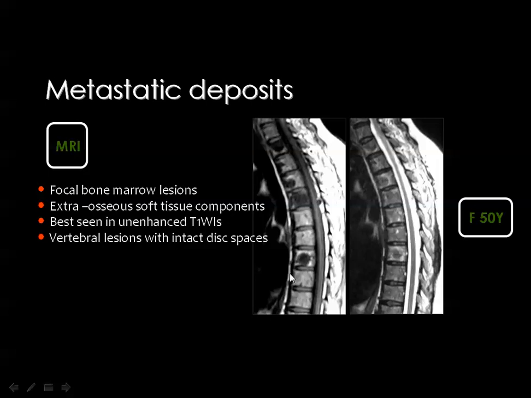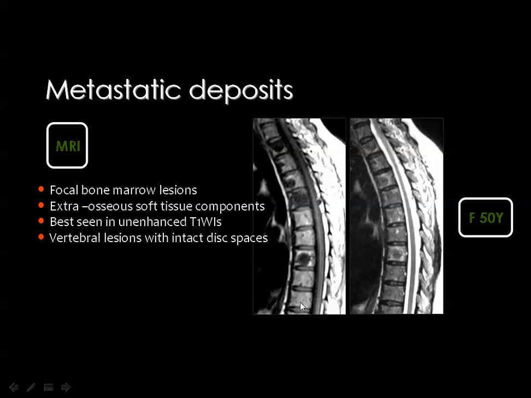This is one of the important points considering metastasis in the spine whenever they are examined by MRI. I used to say that the most important and valuable pulse sequence for detection of metastasis in the spine is the sagittal T1 without contrast injection.